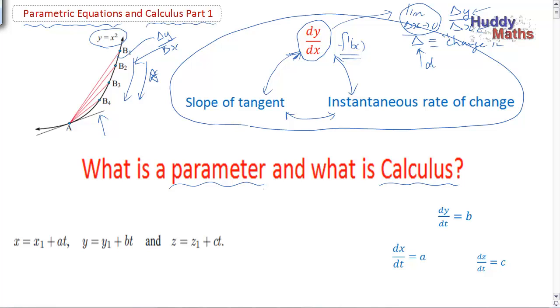What is a parameter? Okay, let's go down here to the equation of a line in 3 dimensions here. And you can say we had this parameter t, was, if you like, another property or a variable within the system. At this stage, when we were doing this in 3D space, we were not connecting x, y and z to each other, as we do in the Cartesian form. We were connecting each of the x, y and z's to a parameter, t, which they shared. And t, if you like, was the Huddyism there.